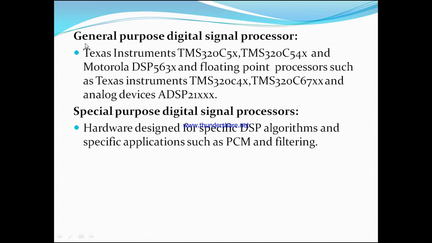Here we have broadly two types of processor: general purpose digital signal processors and special purpose digital signal processors. The general purpose digital signal processors are basically high speed microprocessors with architecture and instruction sets optimized for DSP operations.